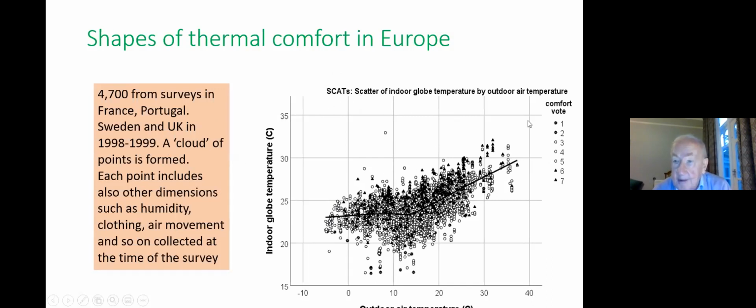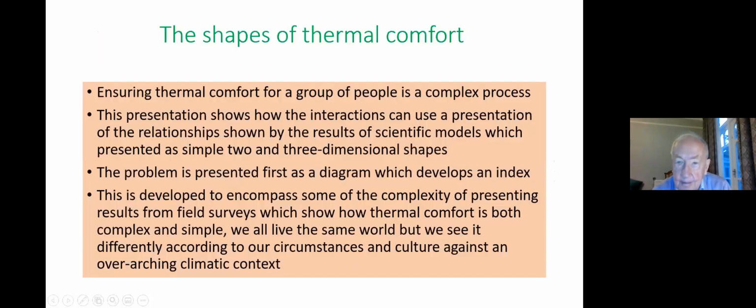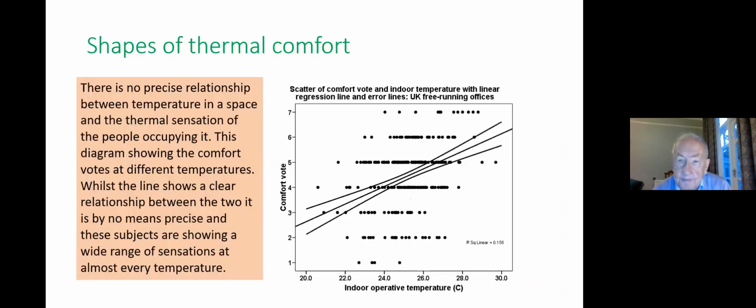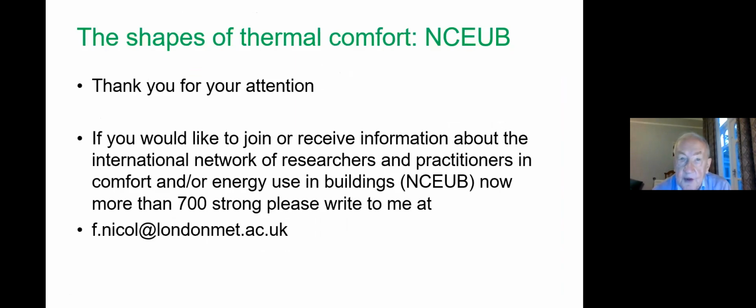And whereas in the UK data, sorry, I should have pointed this out, the range here in the UK was about -2 to +25, whereas in the whole of Europe, we get a much wider range.